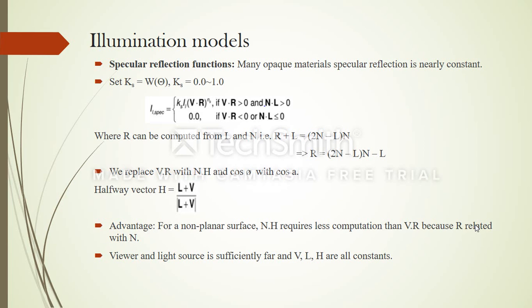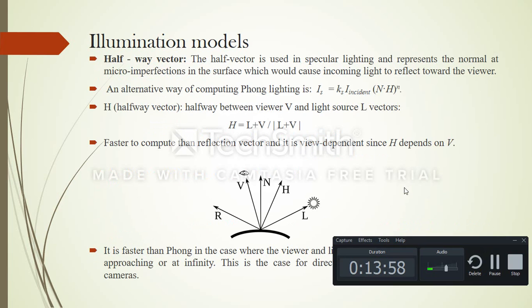An advantage is that for a non-planar surface, n dot H requires less computation than V dot R, because R is related to n, which is used in specular lighting and represents the normal at micro imperfections in the surface, which would cause incoming light to reflect towards the viewer.